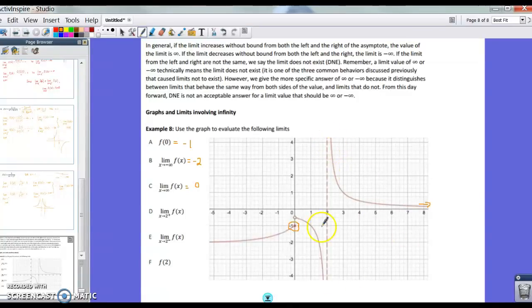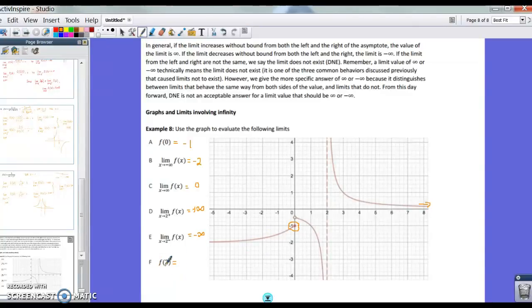Now, I have a vertical asymptote at 2. And as I'm approaching 2 from the right, my graph is tending towards positive infinity. However, as I'm approaching it from the left, I'm heading towards negative infinity. So we would say that the limit as x approaches 2 does not exist, but that's not what this last part is asking.